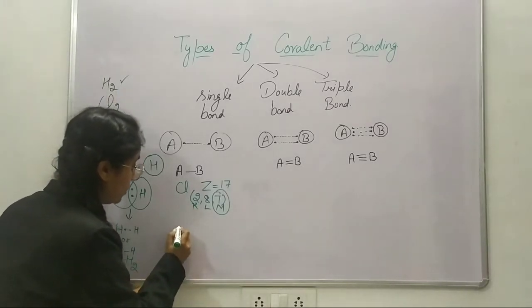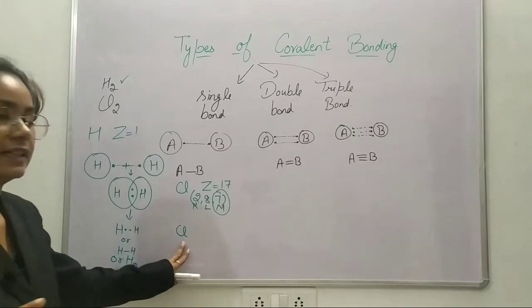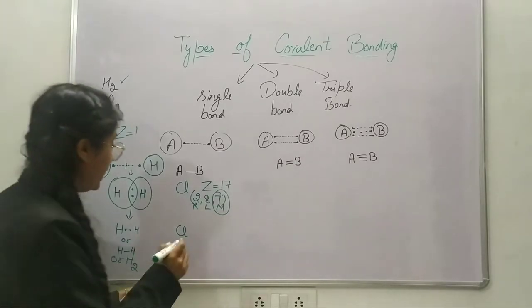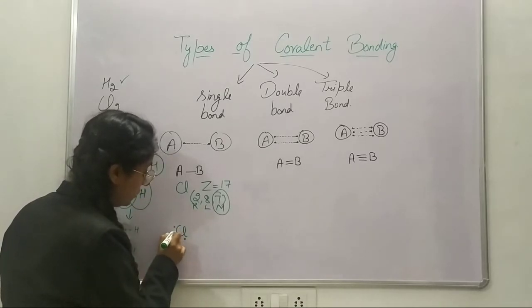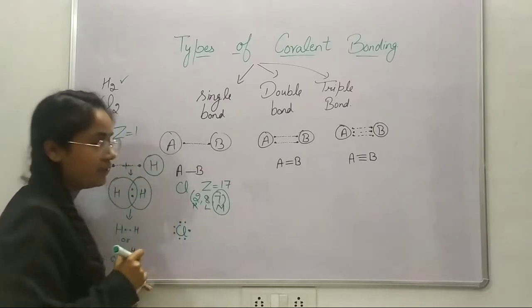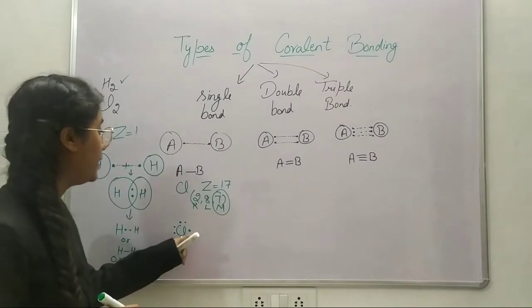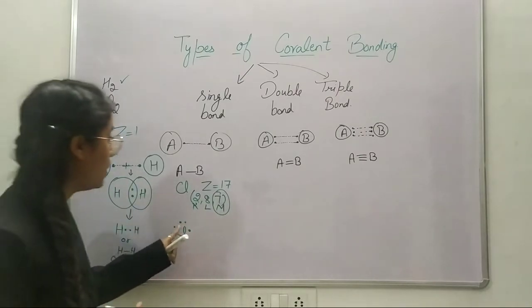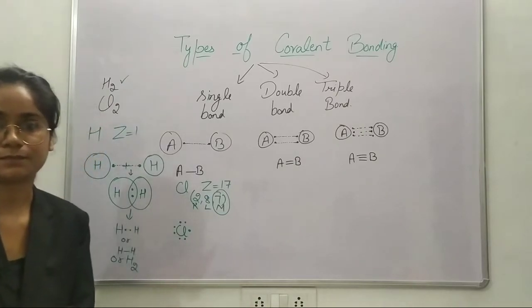So how would I denote these electrons on the symbol of chlorine? I would denote it as 1, 2, 3, 4, 5, 6 and 7. These dots show how many electrons are present in the outermost shell.